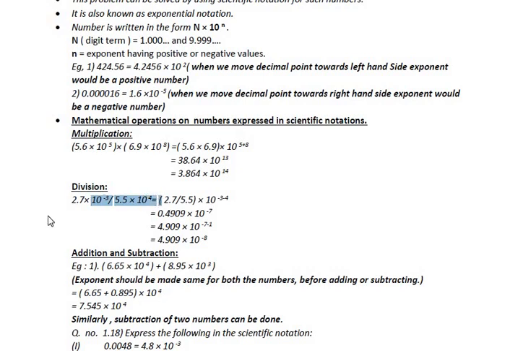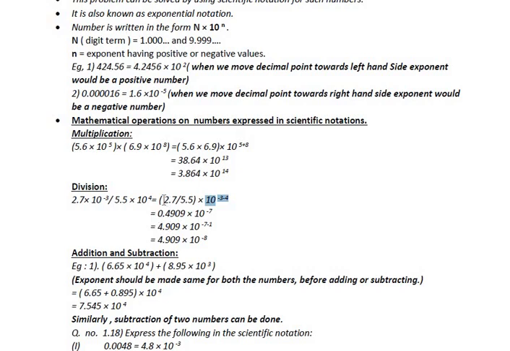Again, we will divide the digit terms and then the multiple terms, we will do it in a different way. We have to divide the digit terms, which is 2.7 by 5.5, and in case of division, the exponents are subtracted. In case of multiplication, exponents were added. In case of division, they are subtracted.